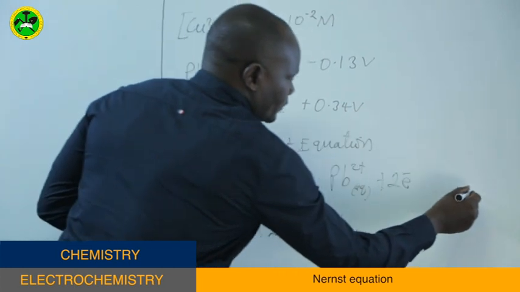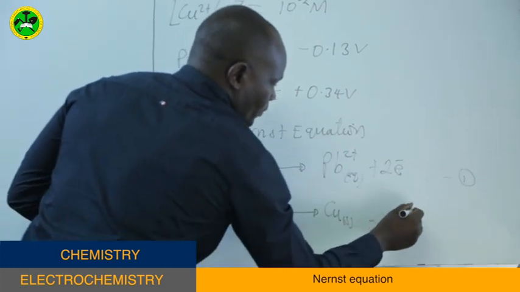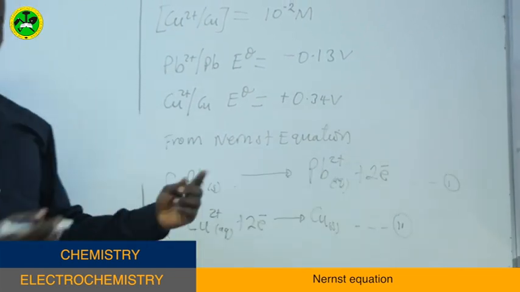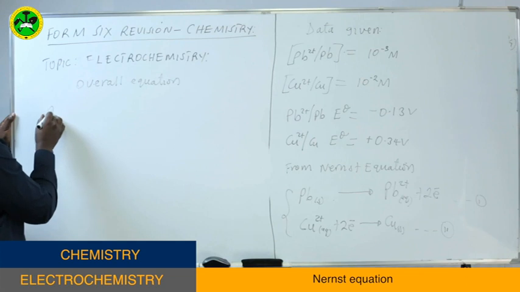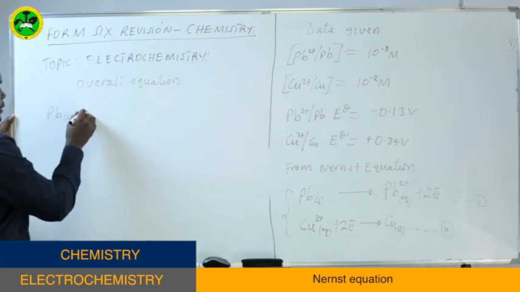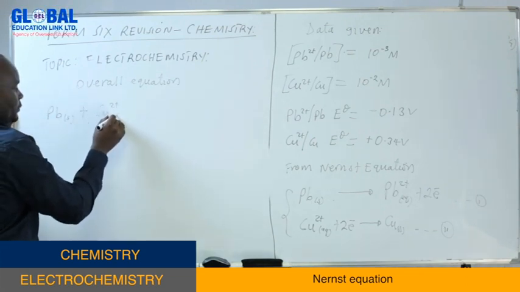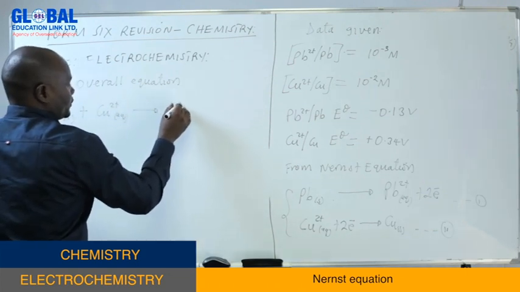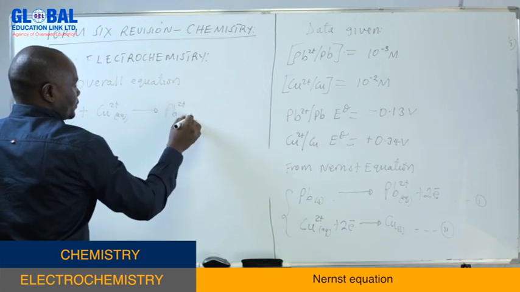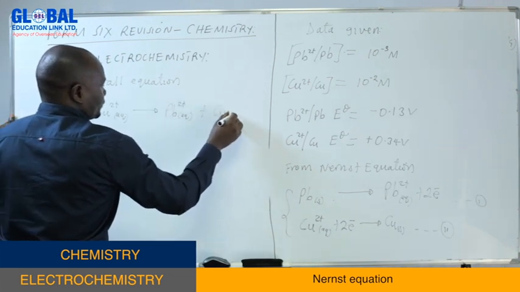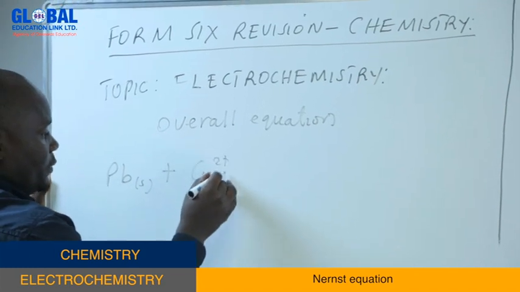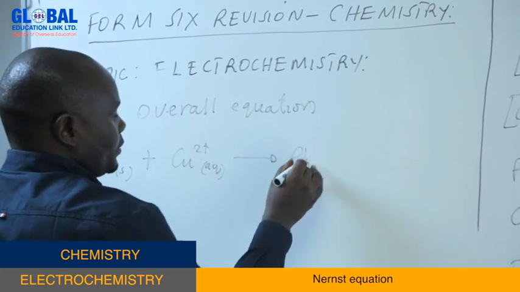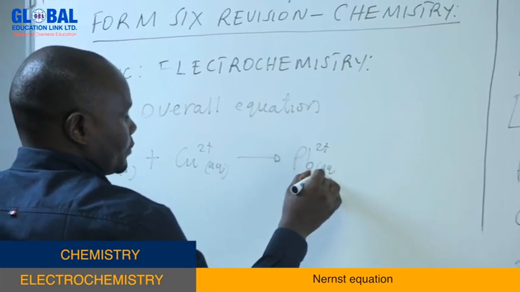So the overall equation will now be lead solid plus copper 2 ions, leading to the formation of lead 2 ions plus copper solid. So these electrons will cancel with those. So that is our overall reaction equation. So lead has undergone oxidation, but copper reduction.